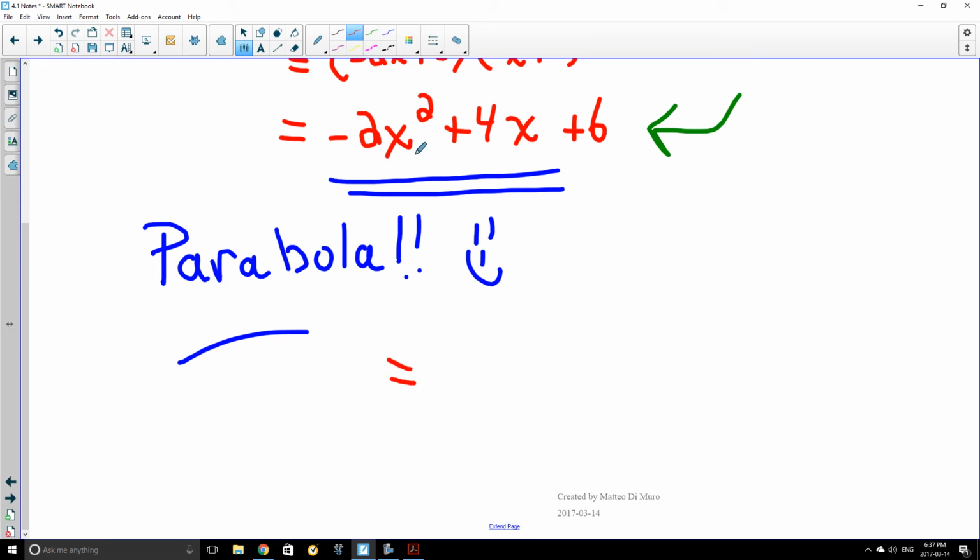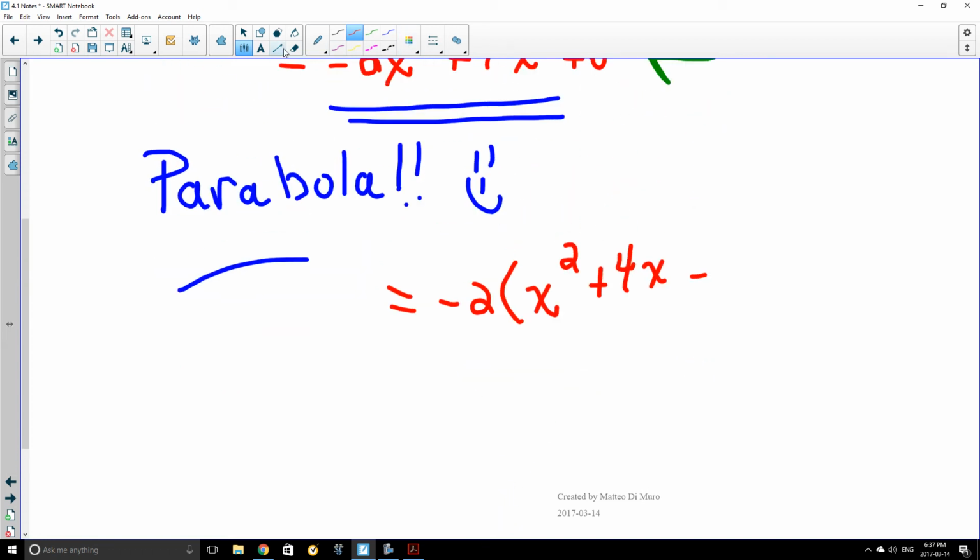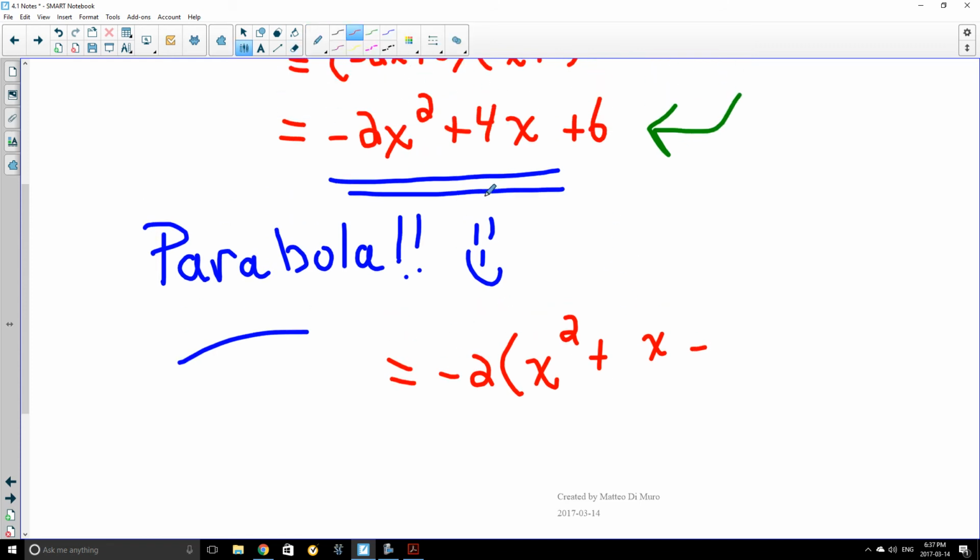Let me try again. So if I pull out the -2, I'm just going to do this all again. There we go. So I'm going to get x squared, I'm going to get -2x, I'm going to get subtract 3. And I should really have this equal to 0. If you don't do that on the exam, you're going to lose like half a mark there.